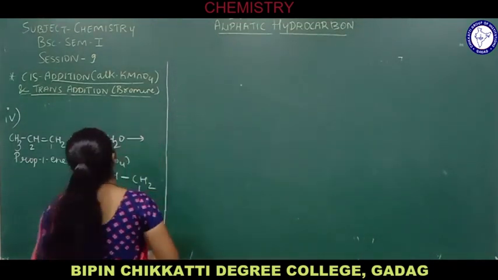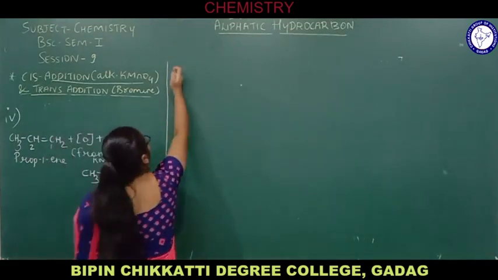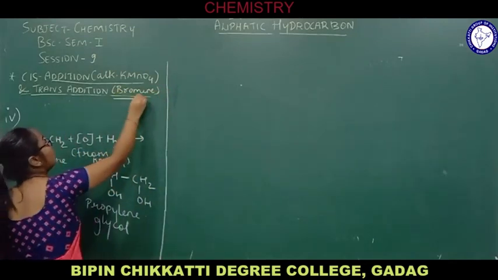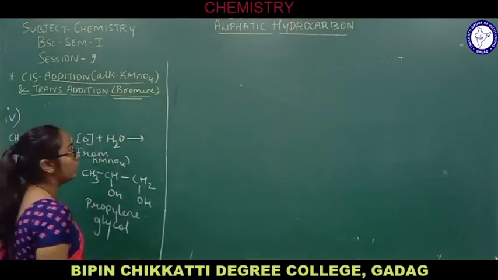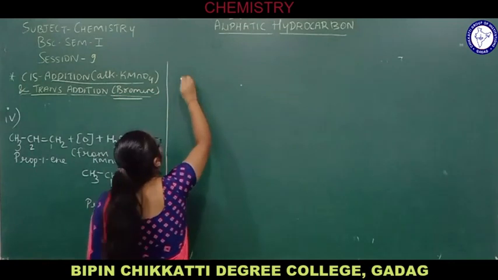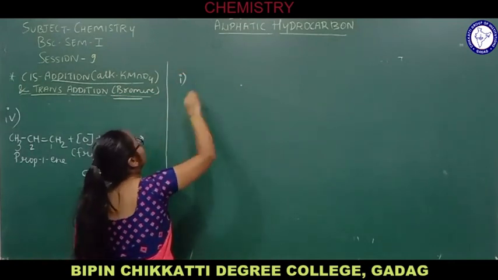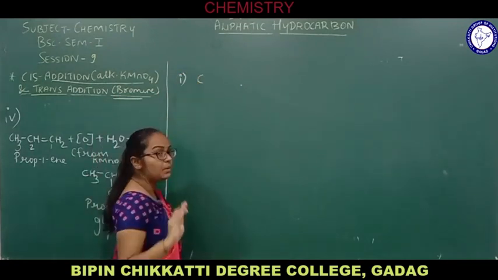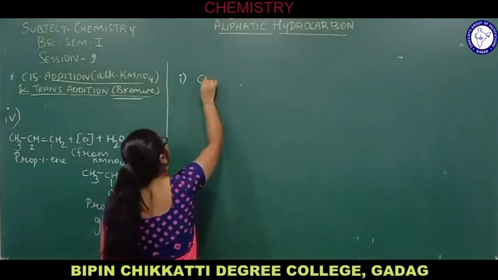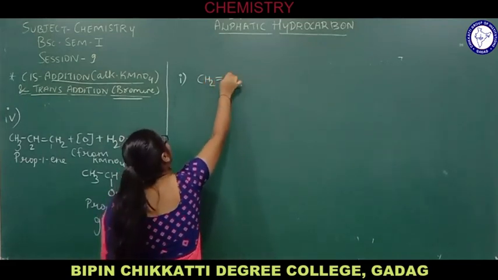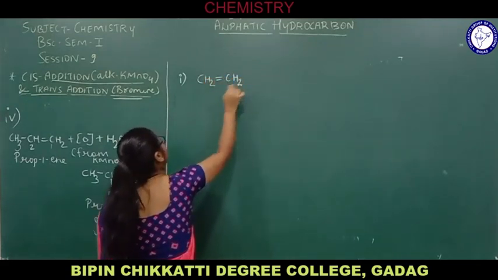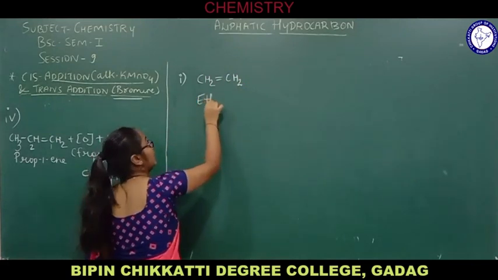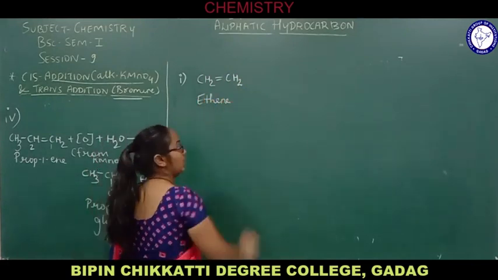Now, trans addition by utilizing the important component, which is bromine water. Here I'm going to take a simpler example, which is the alkene ethene, also called ethylene.